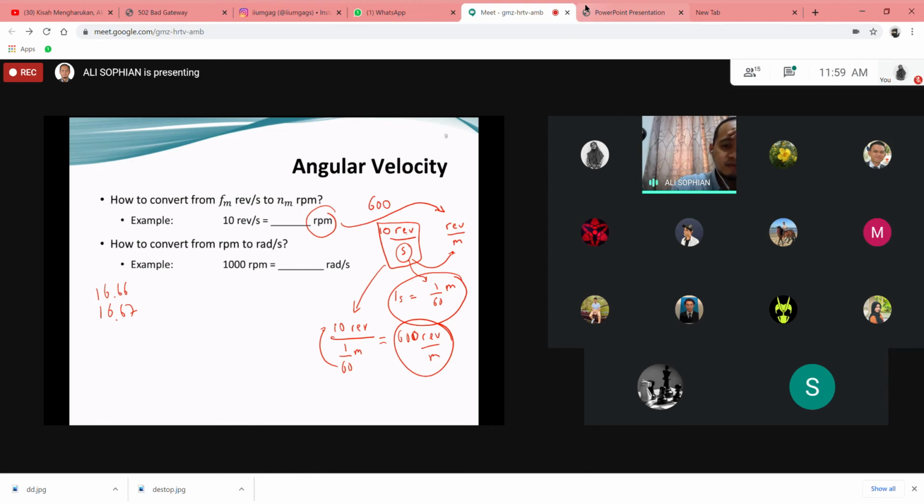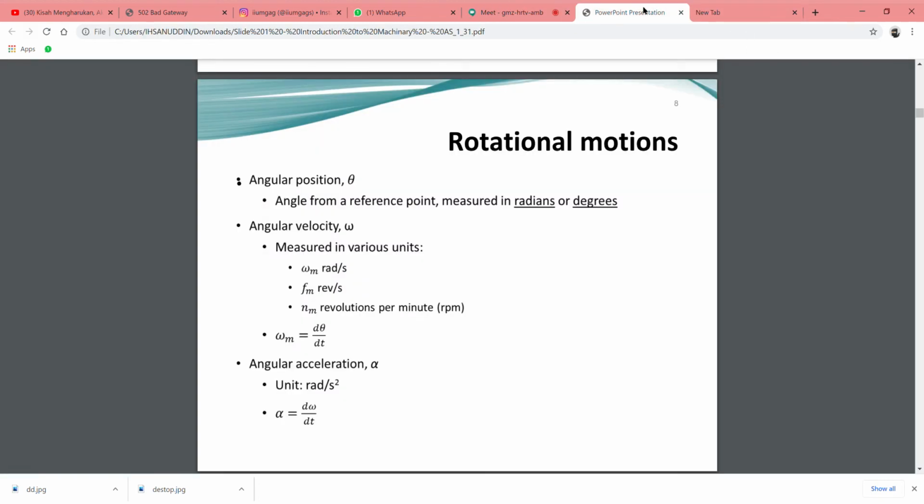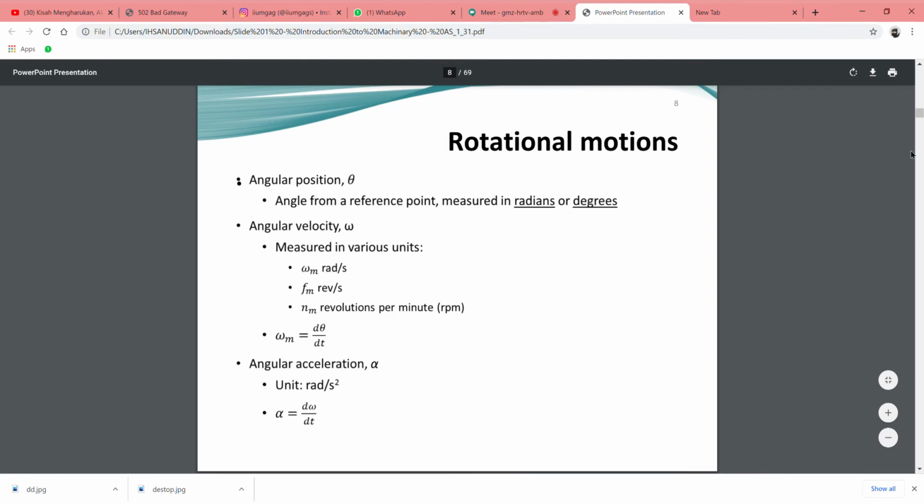Okay, how do you get this one? 1000 revolutions per minute. The revolution you need to convert to radian, and the minute you need to convert to second. One revolution is 2 pi radian, so you need to multiply by 2 pi.